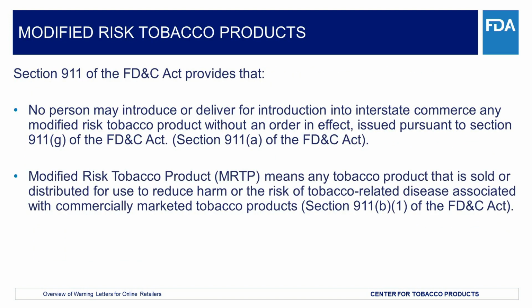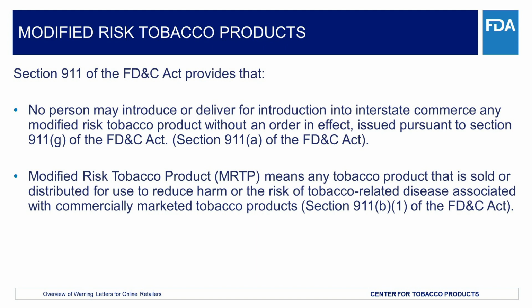Now, I'm going to discuss modified risk tobacco products. A modified risk tobacco product, or MRTP, is defined under 911(b)(1) of the FD&C Act as any tobacco product that is sold or distributed for use to reduce harm or the risk of tobacco-related disease associated with commercially marketed tobacco products.